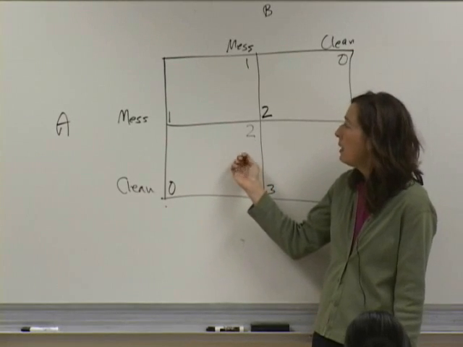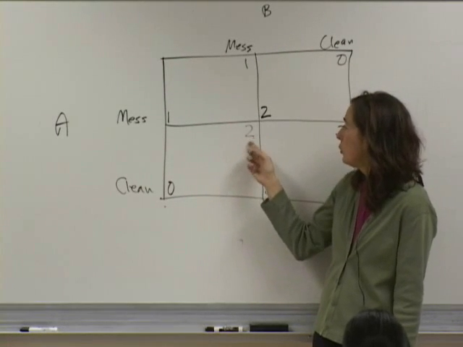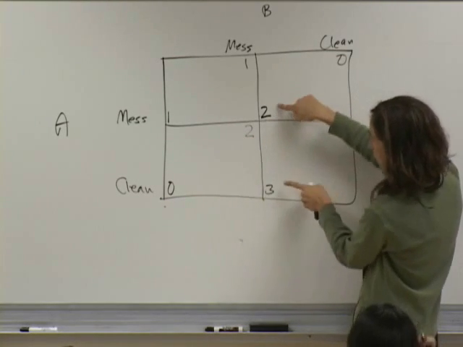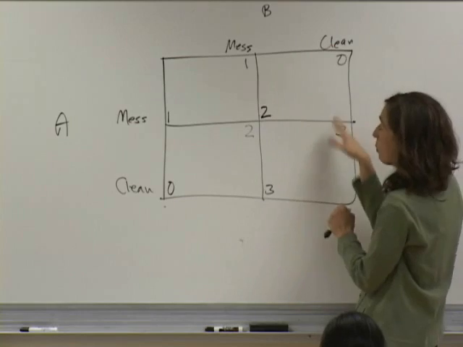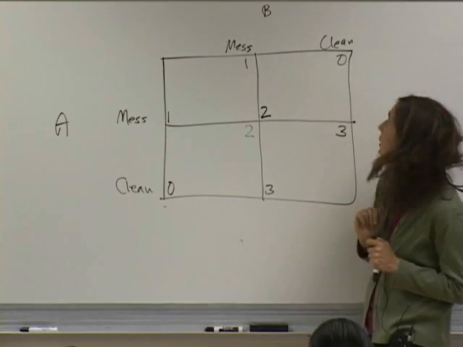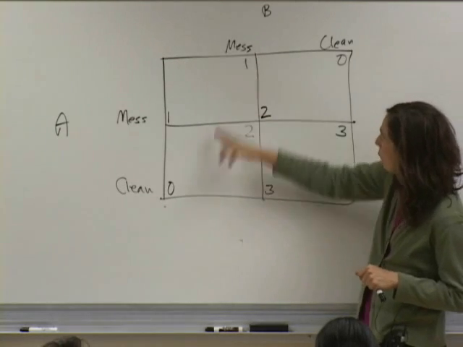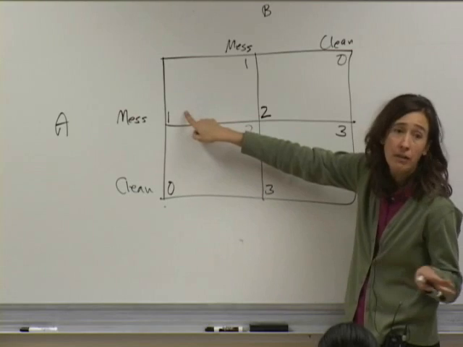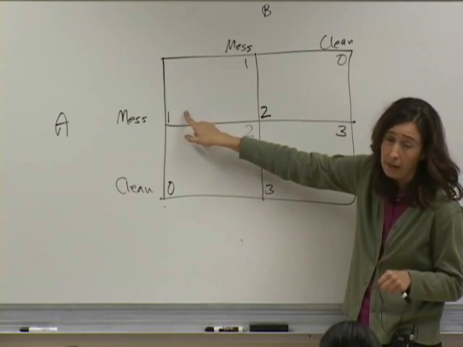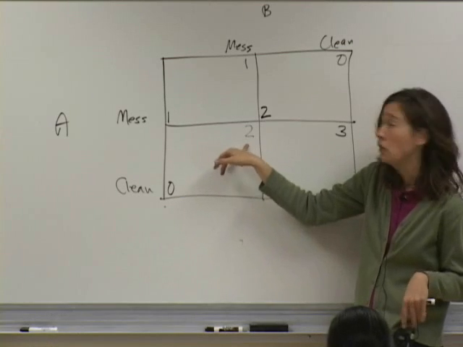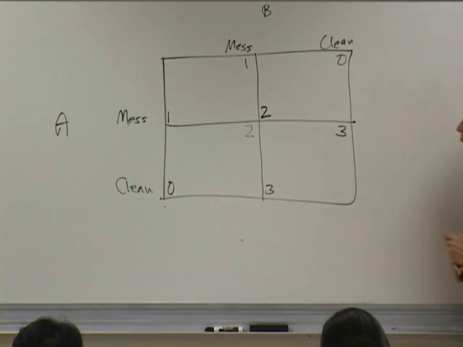Both of them prefer to clean up when their roommate has cleaned up. If their roommate's left a mess, they're not that sweet. If we're in this column, B has left a mess, I'm A, I'd rather leave a mess too. I'm not going to be a sucker. But I don't have that temptation anymore. That's what we've changed here.